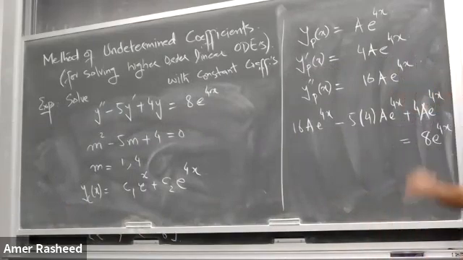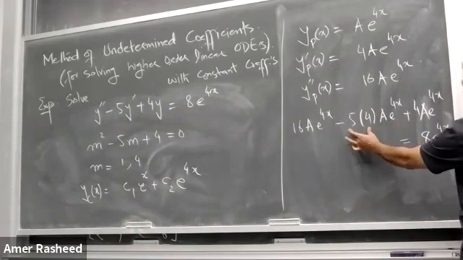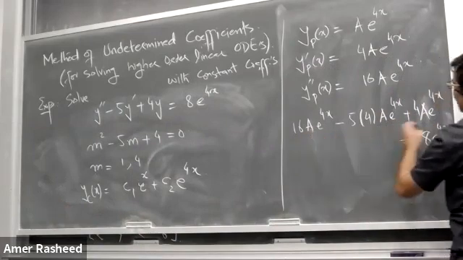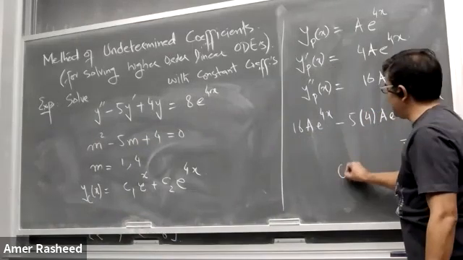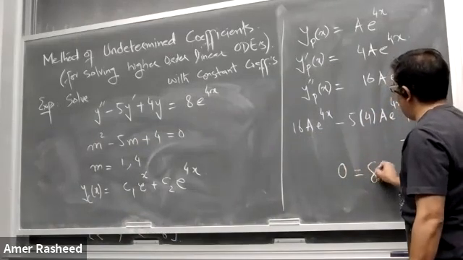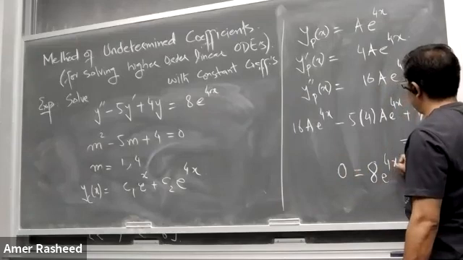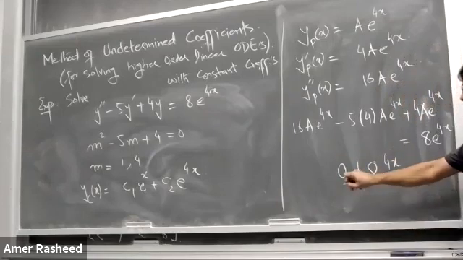Now, look at the left hand side. It is 16, minus 20, plus 4, which gives 0. So this basically gives us 0 is equal to 8e raised power 4x, which is not possible. What does it mean?